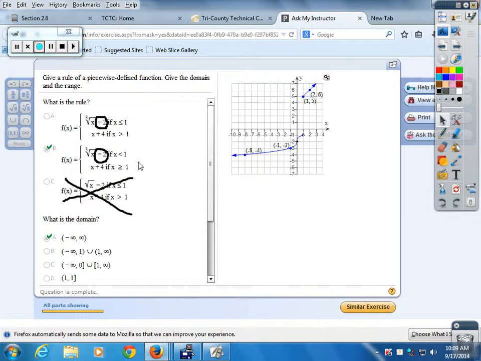So which one is it? It's not this one. So it must be B. And x plus 4 is x greater than, so it does fit. So this is your answer there. Would you not have to check the second part of that? No, because you just concluded that these two are not right. This one has to be right.